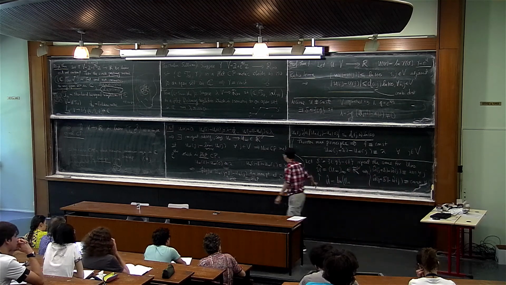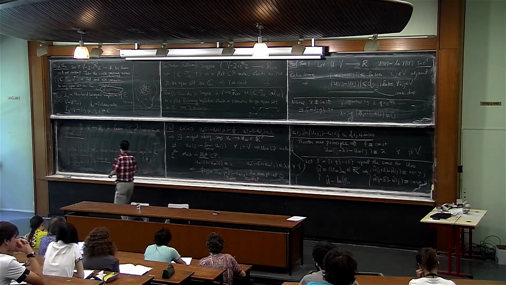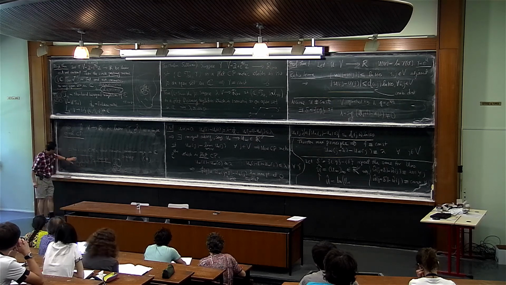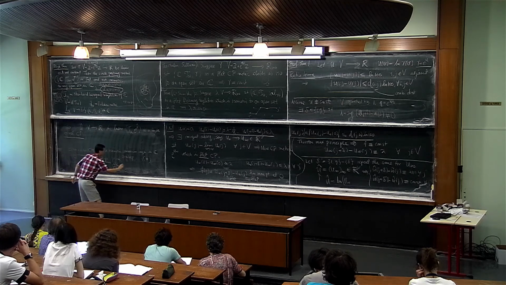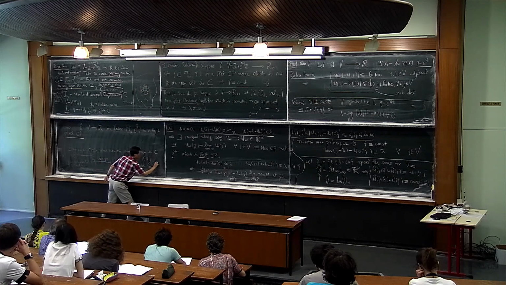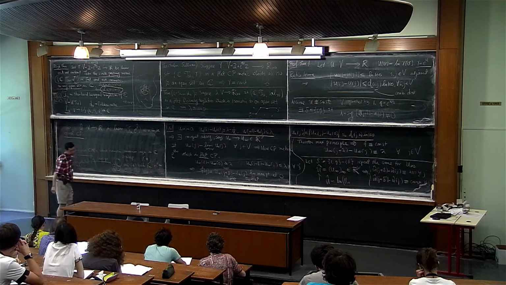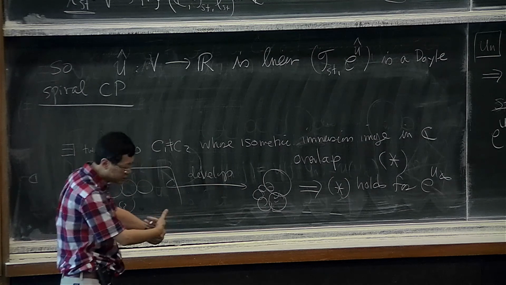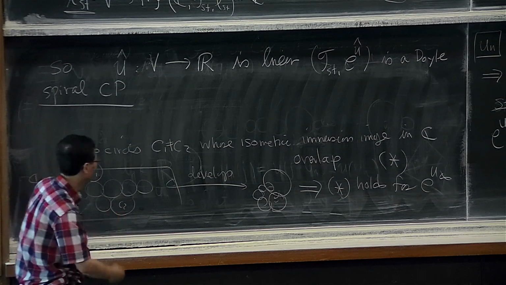And so if this occurs, if we have two open circles whose images are overlapping, then star holds before the limit, because it's an open set overlapping, and this convergence is uniform or compact convergence.